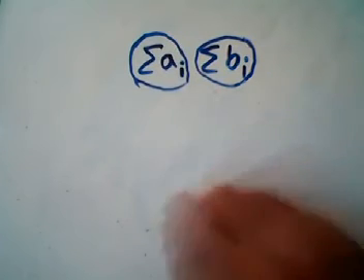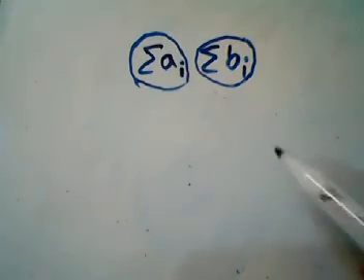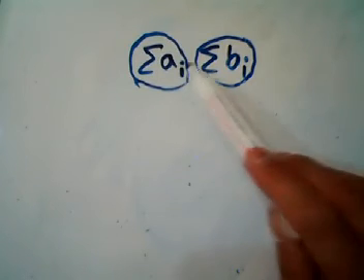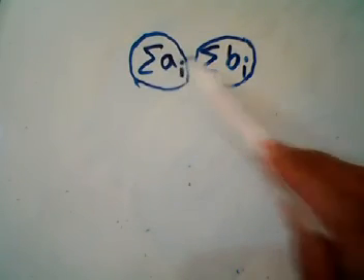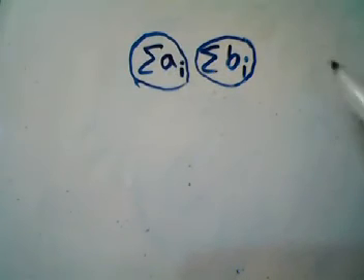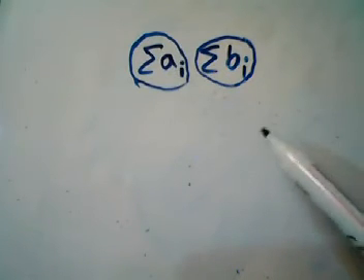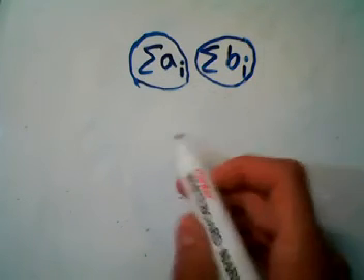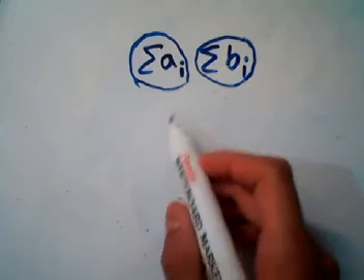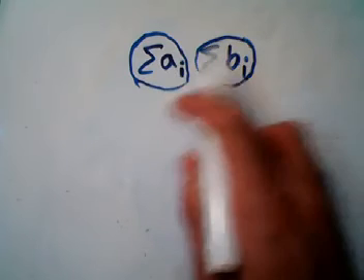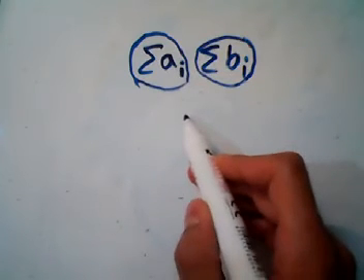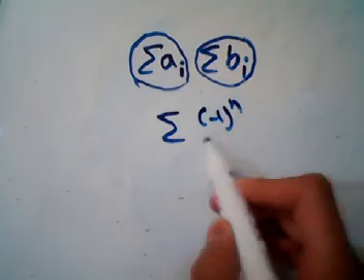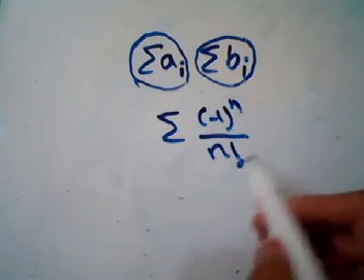But you know, this test is for when the a_i's are positive and the b_i's are positive. But what about the time when this is not necessarily positive, like say this series, minus 1 to the power of n over n factorial.